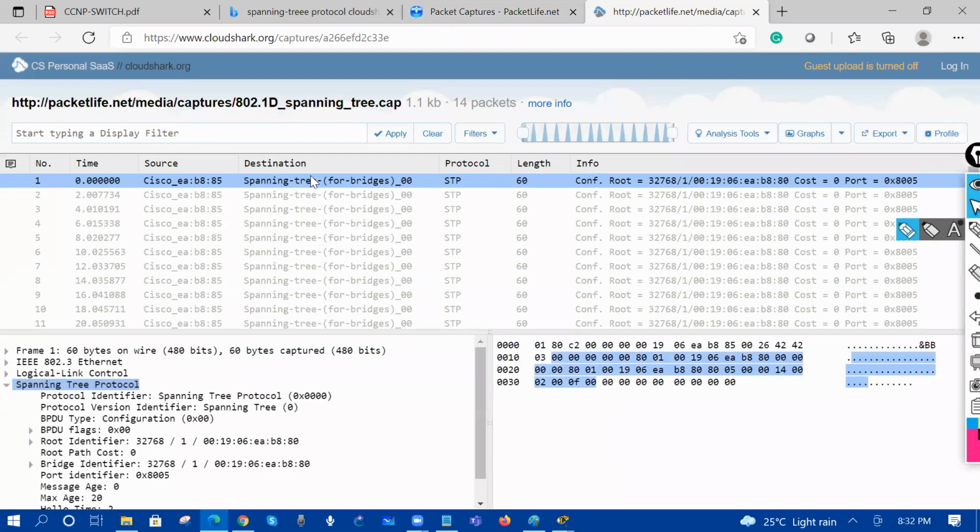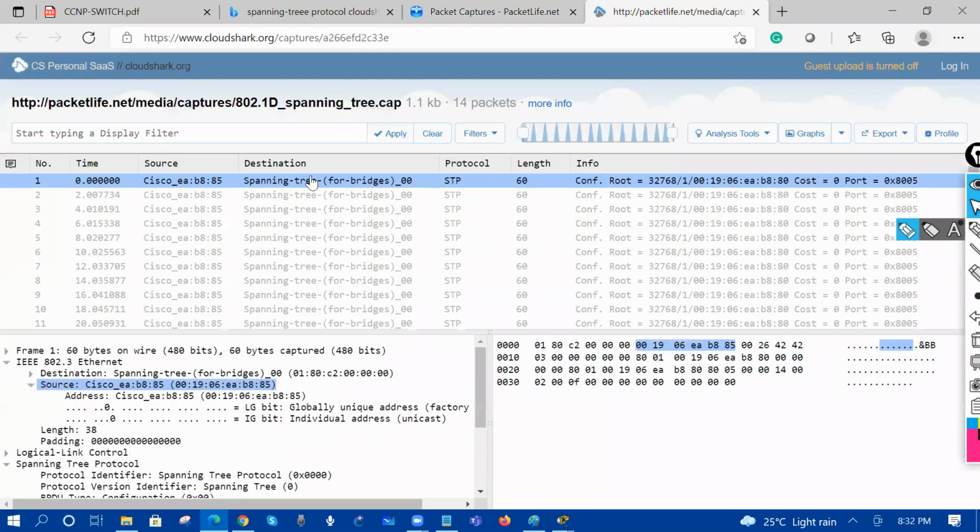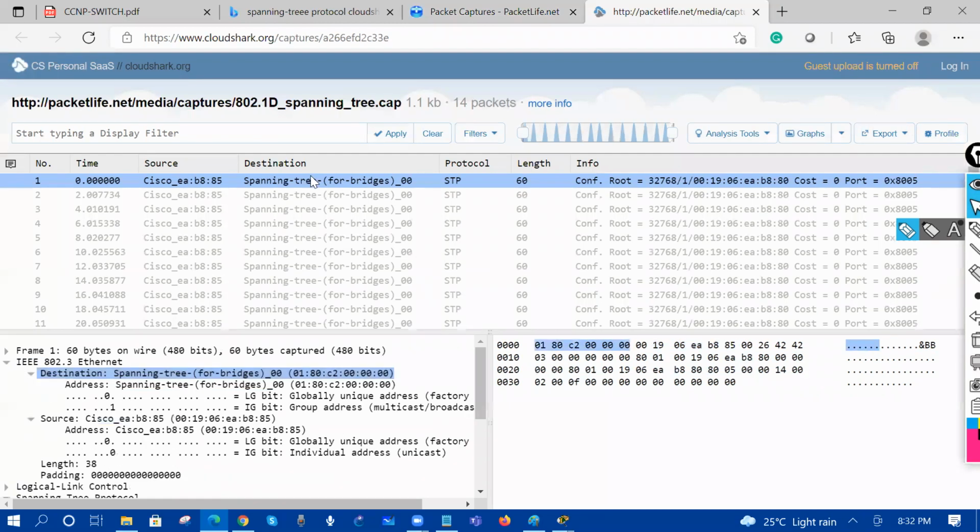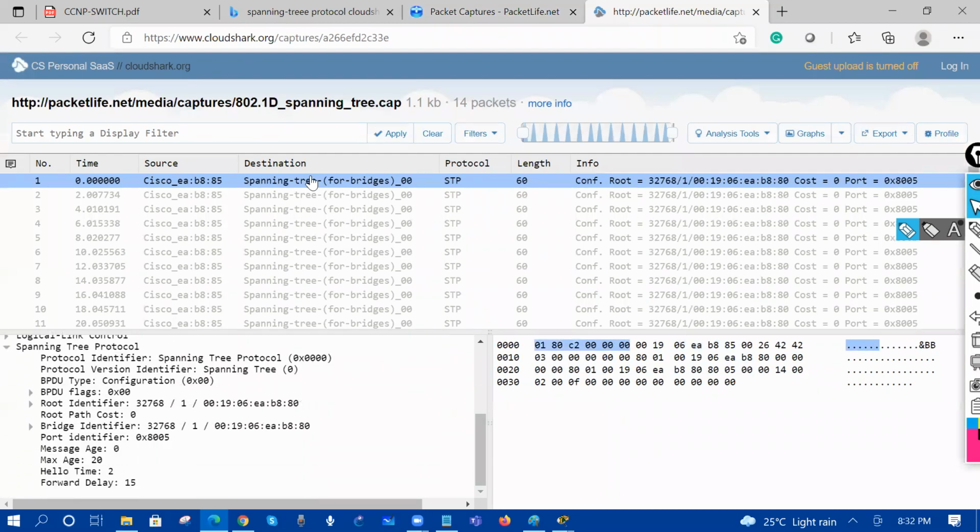This is the spanning tree protocol, and the Ethernet source MAC address is the Ethernet MAC address, and the destination MAC address is the spanning tree multicast 0180C2000000. Then after that we have the spanning tree protocol with lots of information, right? But I'm interested only in this part, the bridge identifier, the bridge ID: 32768 by default priority, and this is the base MAC address.